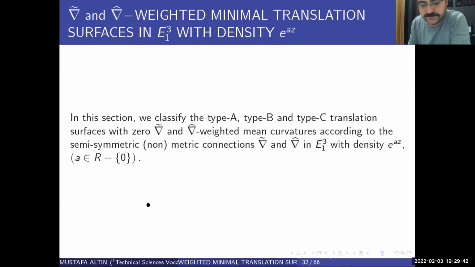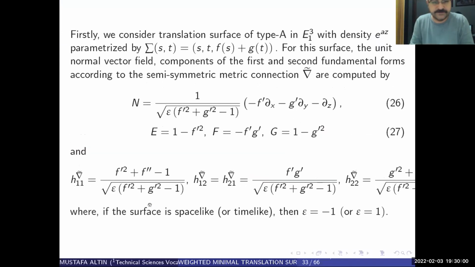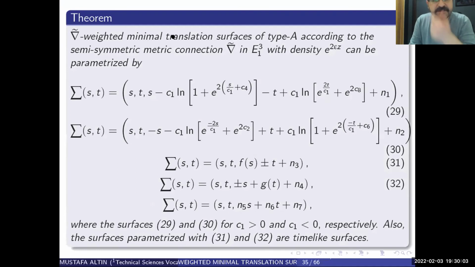Now let me give the weighted minimal translation surfaces of type A, B, and C according to semi-symmetric metric and semi-symmetric non-metric connections in Minkowski three-space with density e^{az}. Weighted minimal translation surfaces of type A according to the semi-symmetric metric connection in Minkowski three-space with density e^{2εz} can be parameterized by these surfaces.